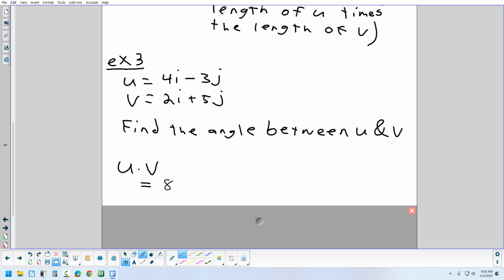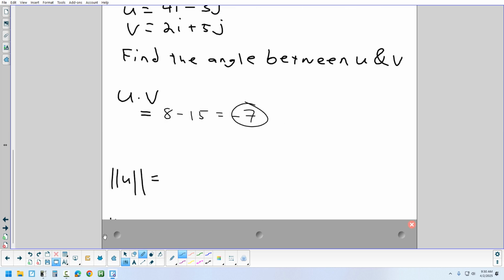And then the next two would be -3 times 5. Yep, which is how much? -15. And 8 minus 15 gives me -7. Okay, so there's my dot product.